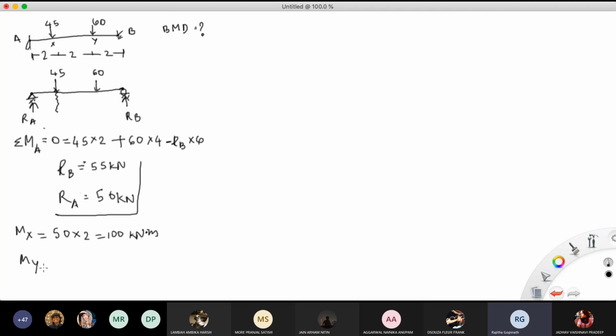And My is equal to, let's say if I cut the beam from here and let go of the left side, then how many reactions do I have? I have RA and I also have 45, right? So RA is 50 into 4, 2 plus 2, 4, and 45 is doing an anti-clockwise rotation, so minus 45 into 2.